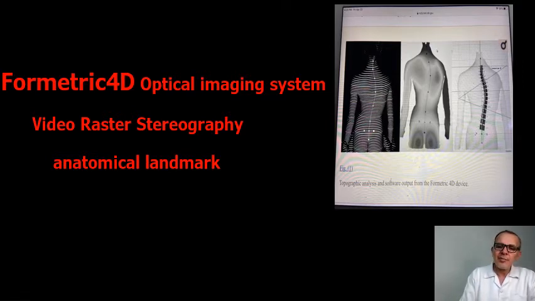There are lots of good advantages to this particular technology because it depends on the topography of the external anatomical landmarks on the body, like C7, T1, T12, the scapulae, and the PSISs, all by video raster stereography.